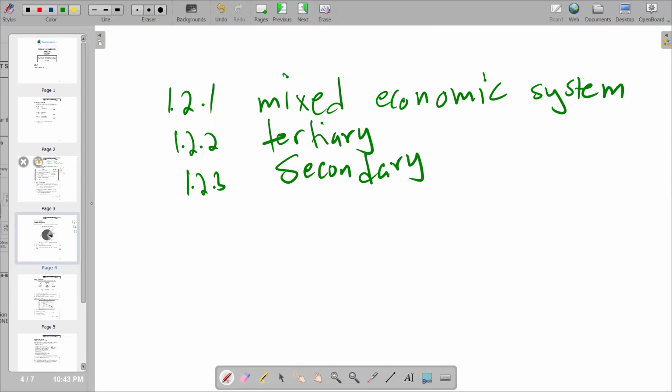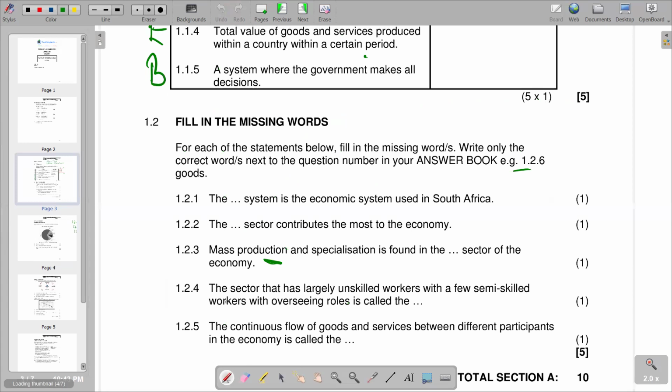Then we go to the next part of the question, which says the sector that has largely unskilled workers with a few semi-skilled workers with overseeing roles is called the primary sector. So we have primary.